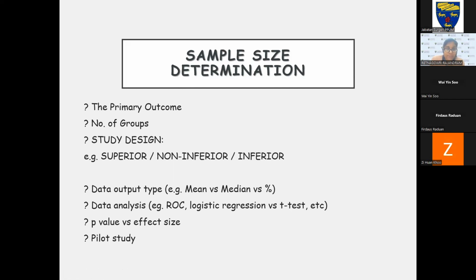Okay, so study design. Then you need to know your study design, whether you are trying to prove something to be better than the other, whether you're going to prove that one is actually poorer than the other, or are you trying to prove they are equal to each other, okay? And as I've already mentioned, you need to know the type of data you're dealing with.